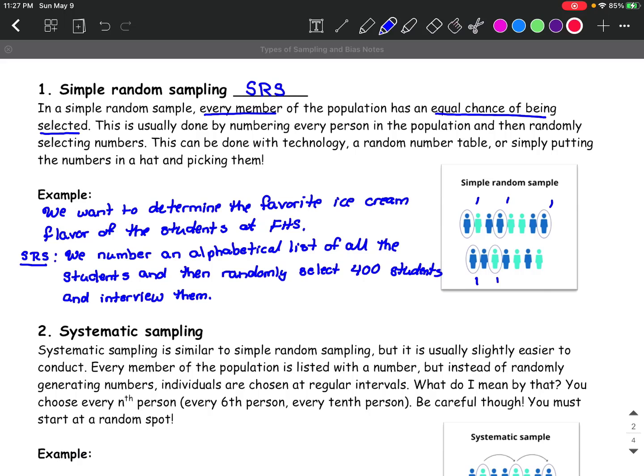So every one of the students is assigned a number, and then maybe we use a random number generator and we pick 400 numbers out of that. That would be our simple random sampling.